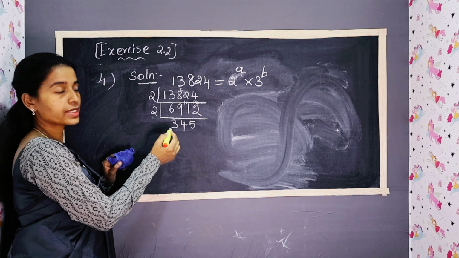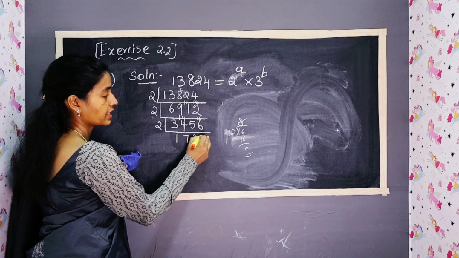If I'm dividing 5 by 2, the quotient is 2. 2 2s are 4. The remainder is 1, so 1 would be coming here. 1 and 6 is 16, right? If I am dividing 16 by 2, I'll be getting 8, right? 8 into 2, 16.